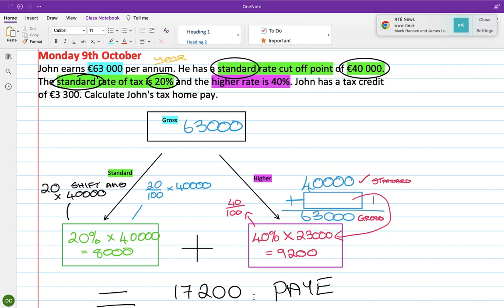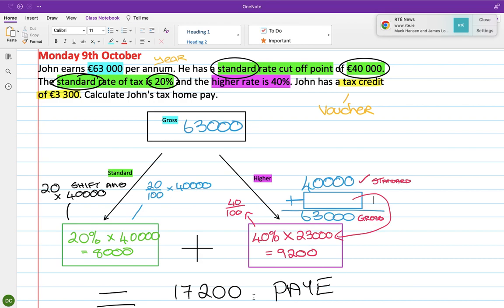Then there's one number that we haven't used in the question. 3,300. Can you see it there? What is 3,300? It's called a tax credit. And what did I tell you to think of it as? A voucher. So remember I was saying you go in and you buy your jeans for €150 and you have a €50 voucher?